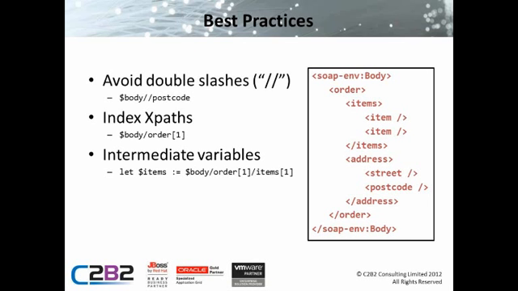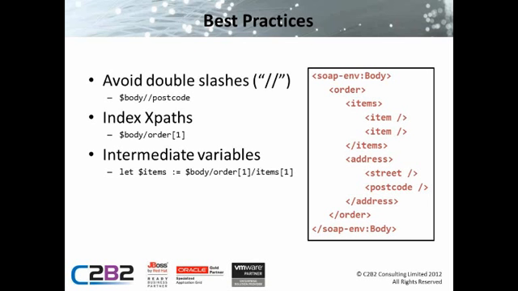Another best practice is to use intermediate variables for commonly accessed parts of your XML document. Now you can see I've got let $items equal body / order 1 / items 1. Now here again I've got just one order element and just one items element, and it might be a frequently accessed element, that list of items.